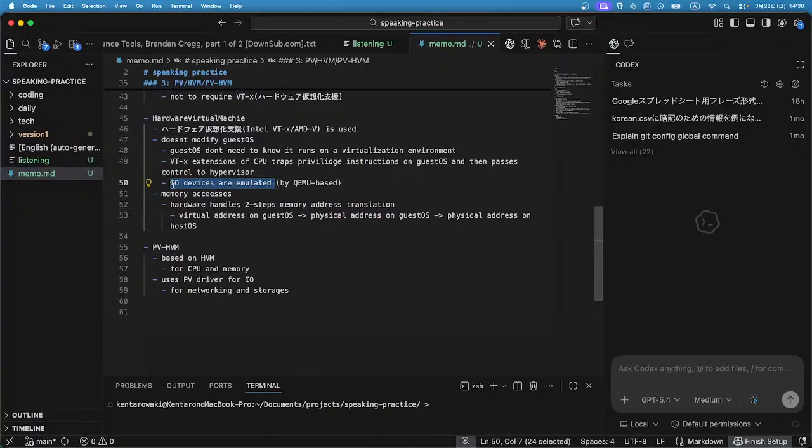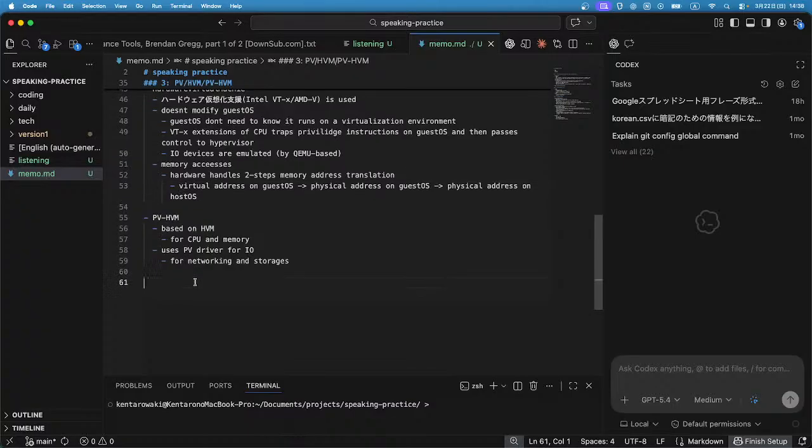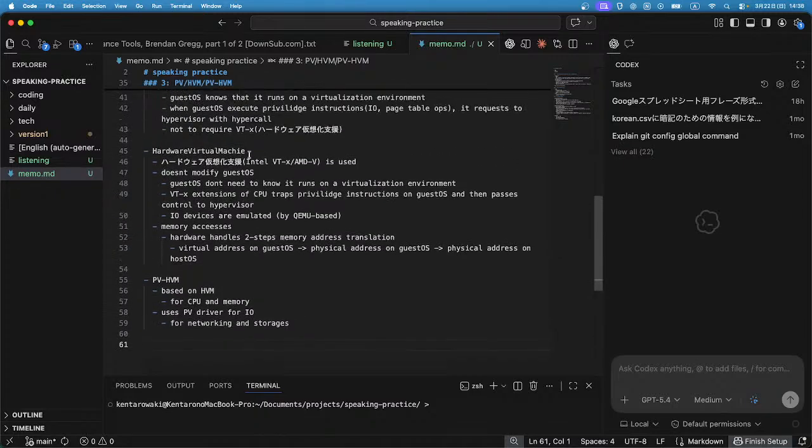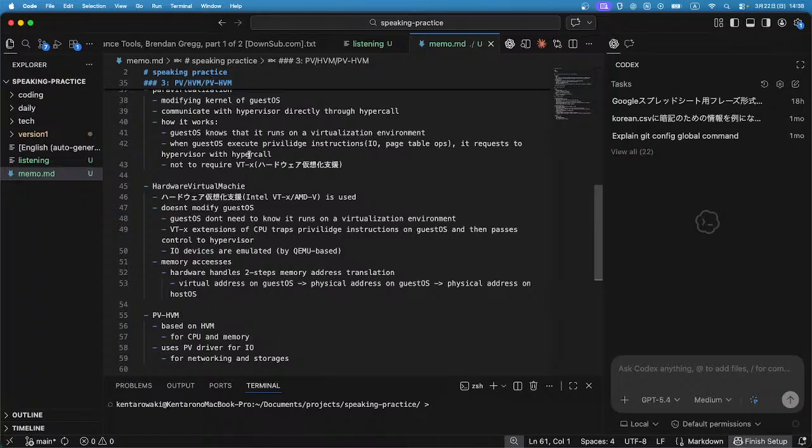Emulation is slower than native execution.